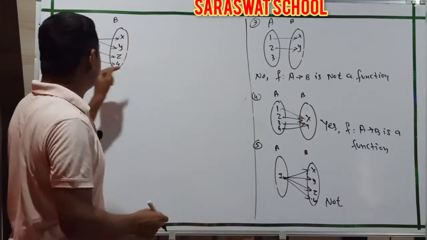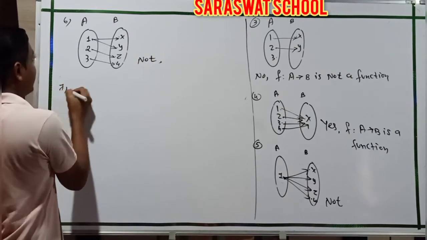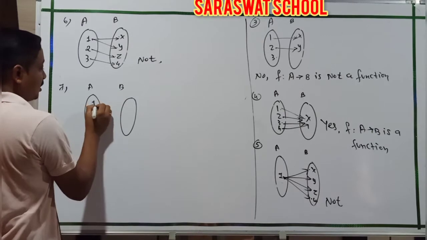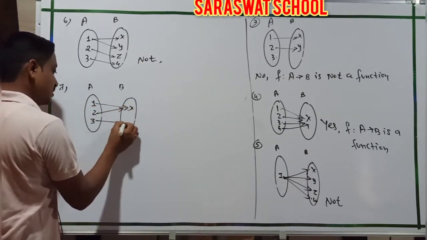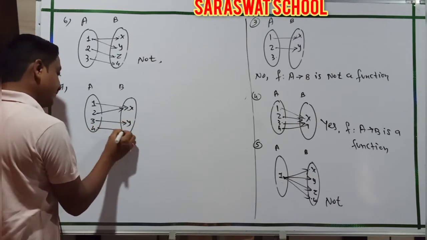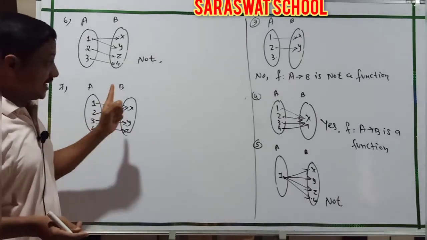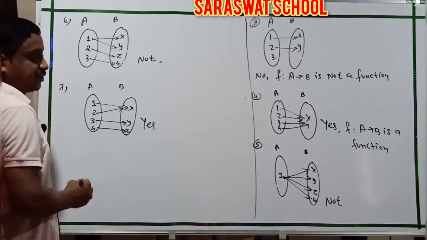No. According to the 5th, this is not a function. And the 7th figure, same, I just write down. For your more information, here 1, 2. Here 1 is uniquely related to X. 2 is also X. 3 with Y and 4 with Z. Okay. So these are uniquely associated. Yes, according to the 4th. Here write down yes, it is uniquely associated.